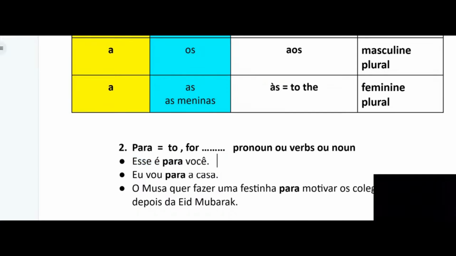So this, and é means is. So am I going to say this is to you or this is for you? Which of them? You can write it in the chat.